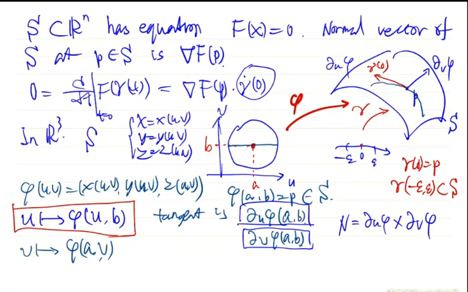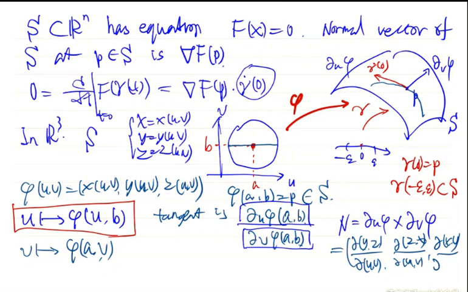Their cross product is perpendicular to both vectors. Therefore, geometrically, this should be the normal vector of our surface. By direct computation, you see that this n equals the Jacobian determinant of (y,z) with respect to (u,v), then that of (z,x) with respect to (u,v), and of (x,y) with respect to (u,v). So this is the formula to compute the normal vectors of a surface given by parametric equations.